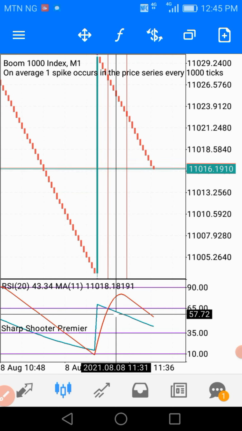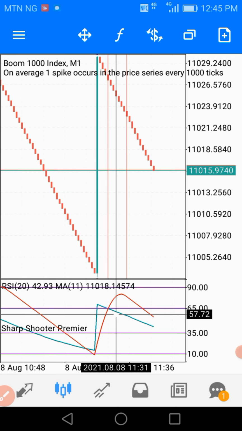If these conditions are met, execute your trade immediately and take 10 candlesticks, nothing more than that. Or to be on the safe side, take between 7 to 10 candlesticks, and then you exit the market.